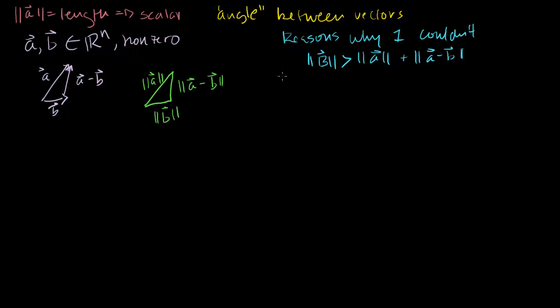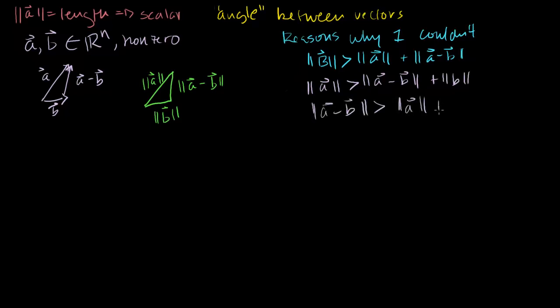Let me make the point clear. I could show that if a, for whatever reason, was greater than the other sides plus b, then I wouldn't be able to create a triangle. And the last one, of course, is if a minus b for whatever reason was greater than the other 2 sides, I just wouldn't be able to draw a triangle.